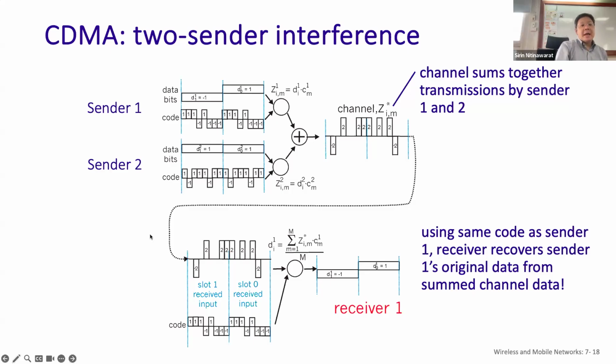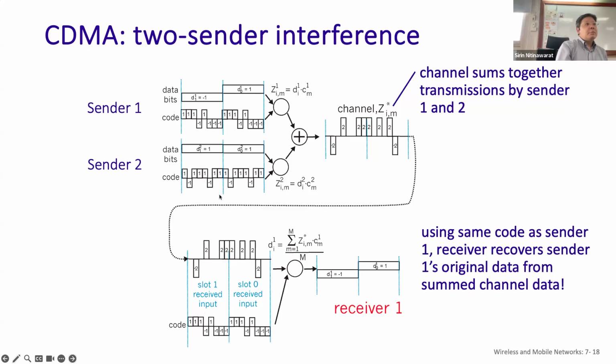So the magic happens here, because even though there is interference, the receiver can still execute the same decoding mechanism by doing the multiplication of the received signal with the chip sequence of the target sender. Let's say this decoder wants to decode the signal from sender 1.